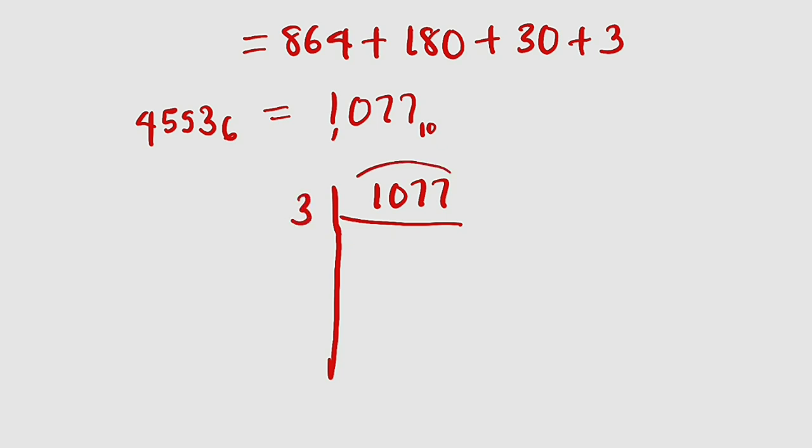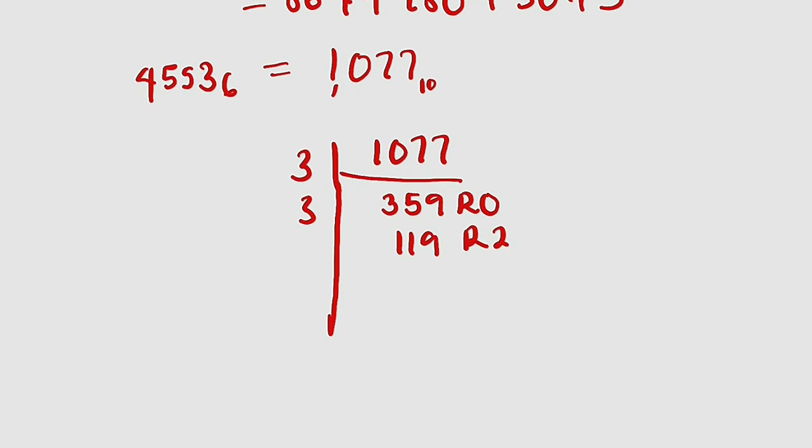So once you divide this one by 3, you have 359 without any remainder. Then you take 3 and plug it into this again. You're going to get 119 with a remainder of 2. You do the same thing. 3 into 119 gives us 39 with a remainder of 2.